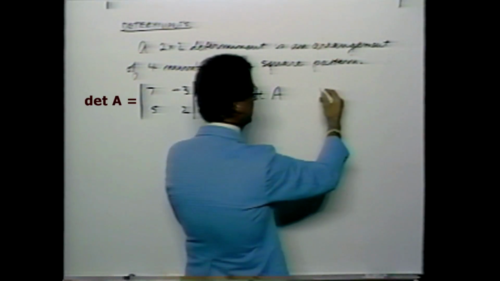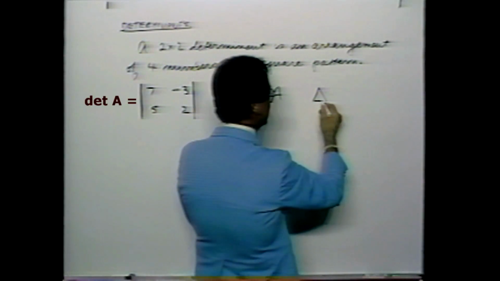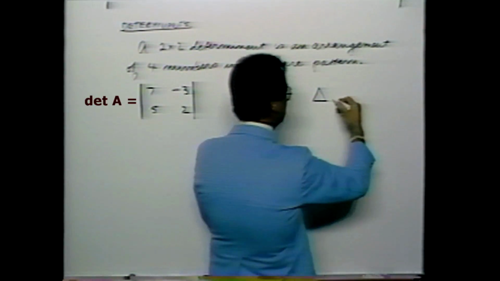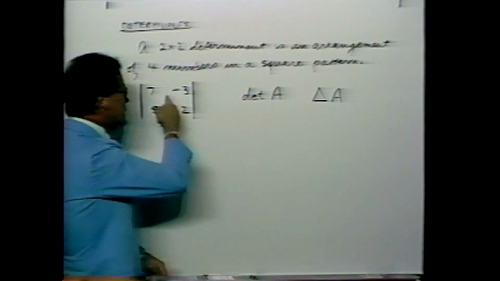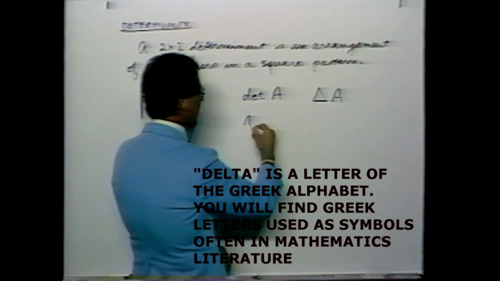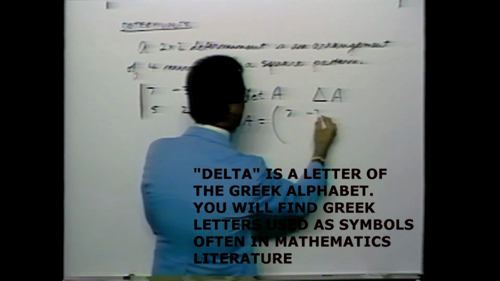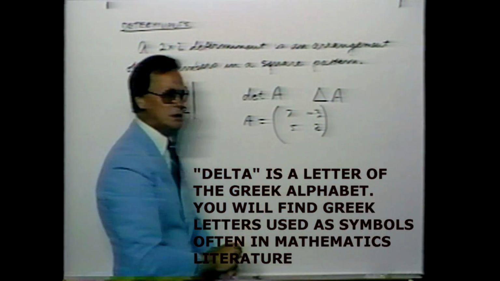Another symbol that we can use to refer to determinants is a delta symbol, delta A, where A refers to the square arrangement of numbers. In other words, we can say that A is the square arrangement of numbers 7 minus 3, 5, 2, using round brackets like you see.